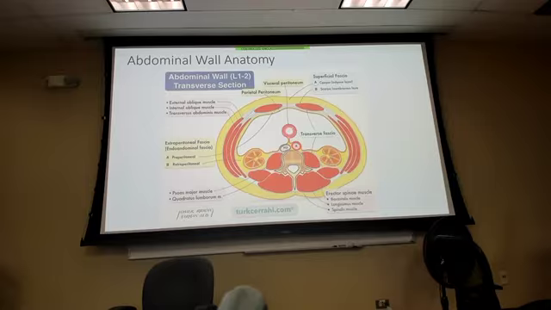Just like with the chest, same thing as with your belly. You have the parietal peritoneum and the visceral peritoneum. Parietal goes along the wall of your abdomen. When you talk about visceral peritoneum, that is around your intestines.